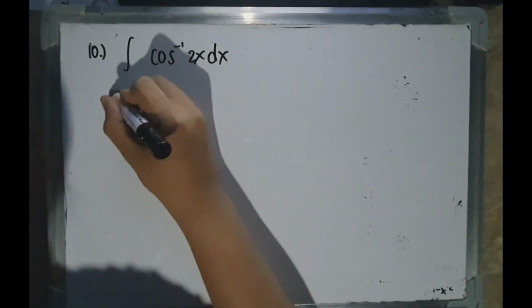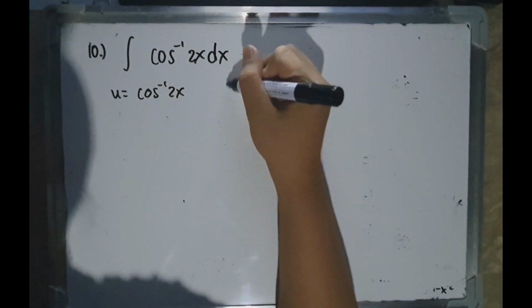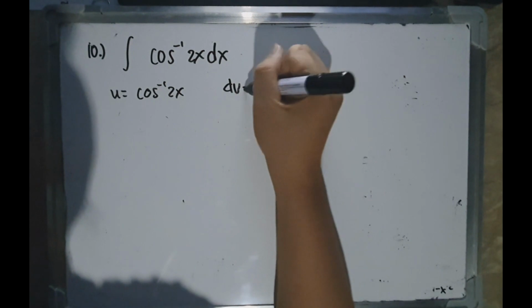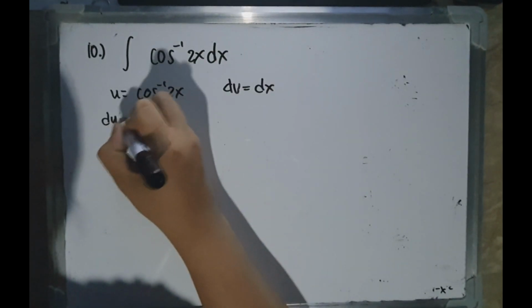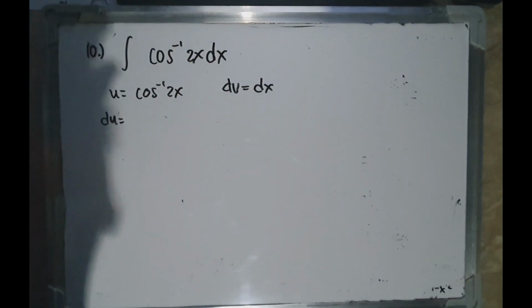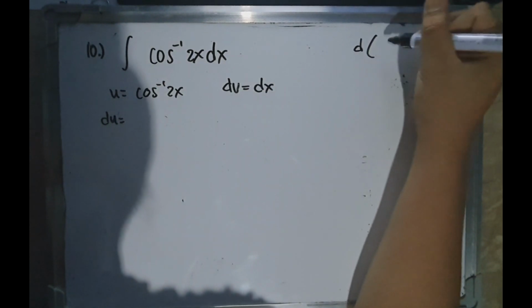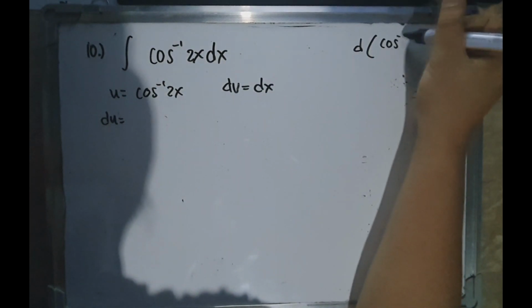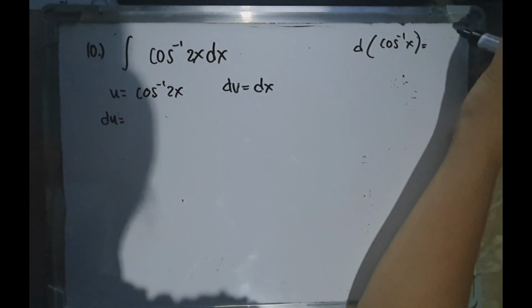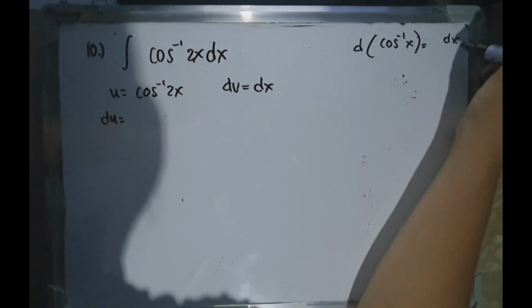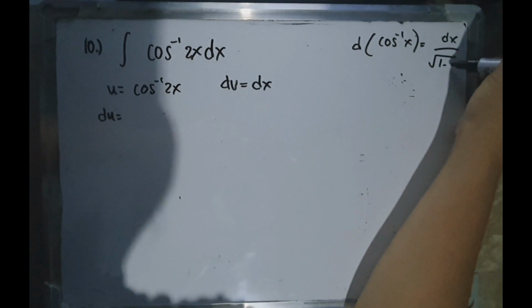Okay, so we will choose the u as the arccos of 2x, the dv as dx. Derivative of the u, derivative of the arccos. If we recall, the derivative of the arccos x, that is negative dx over the square root of 1 minus x squared.